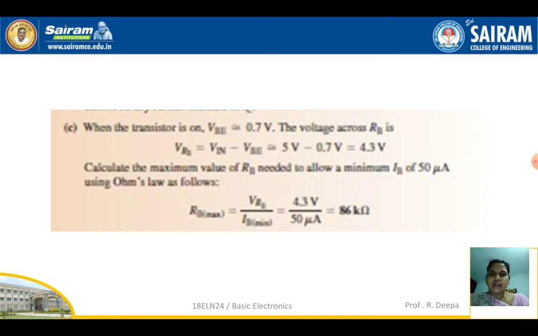So the voltage across RB can be written as VRB is equal to the input voltage minus the voltage drop in the base emitter junction. So Vin is given as 5 volt minus the cut-in voltage 0.7 will be getting us 4.3 volt. So this will be the voltage which is applied across RB at the base of the transistor.